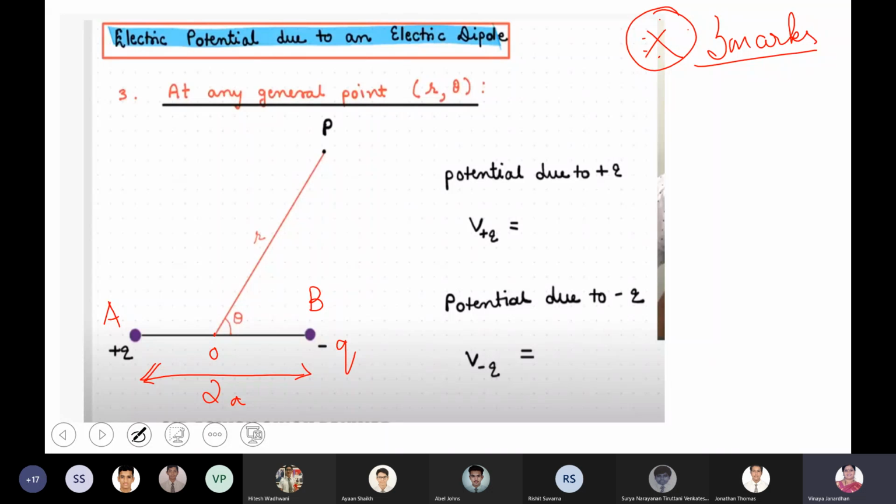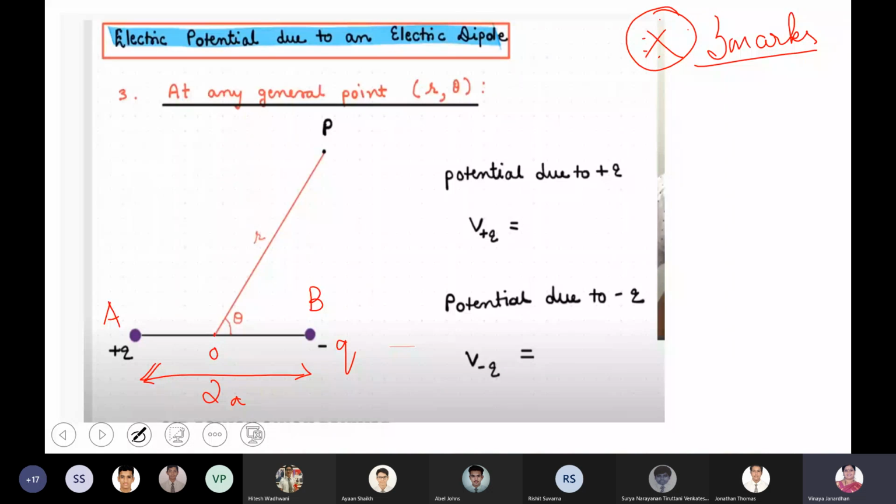Now this dipole is creating an electric field. In that electric field, at a point P, which is at a distance of r from the center of the dipole, you want to find the electric potential. Right, boys? Now look at the point P. This point P is inclined at an angle theta with the axis of the dipole. P is the point where you want to find the electric potential.